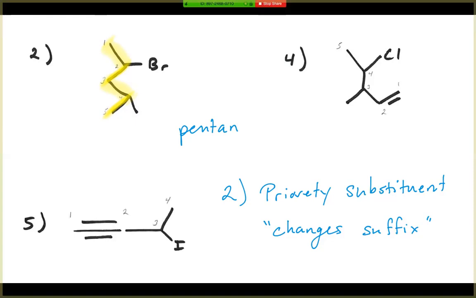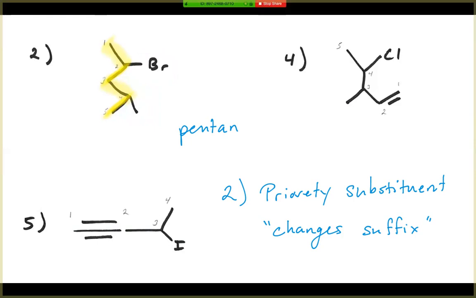So right now we're asking, what's the suffix? That's going to be my primary substituent. And so what that really means is, what is my functional group, right? So for us, alkyl groups and halogen groups, or halides, those don't change suffixes. Those are the only two. Every other functional group will change the suffix.